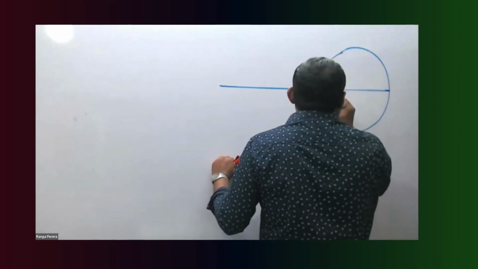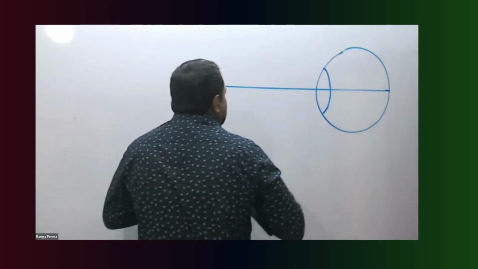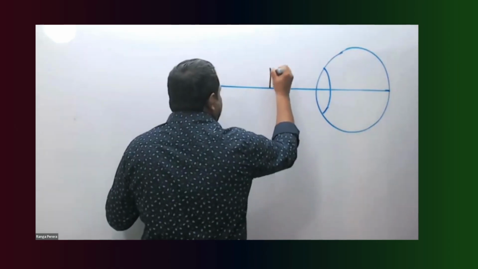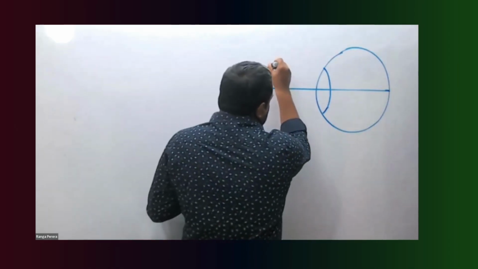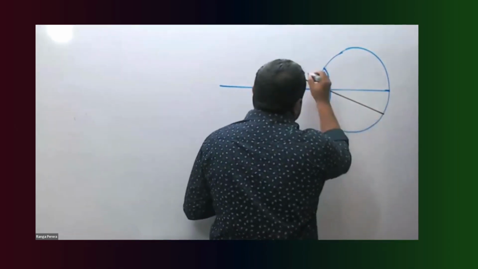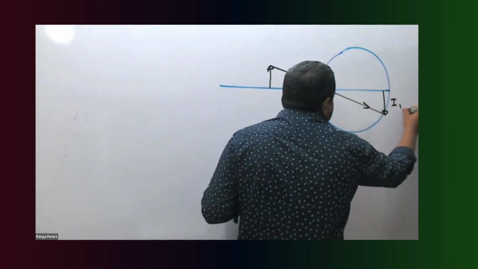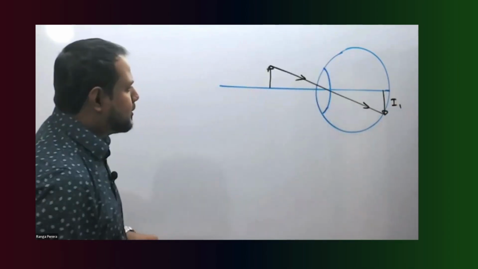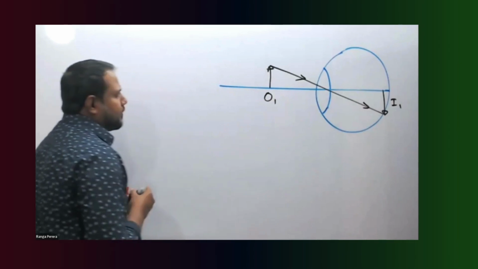You may have objects at this location and think about the visual angle projected. This is the visual angle. The size of this image is I1. Let us take the object as O1.